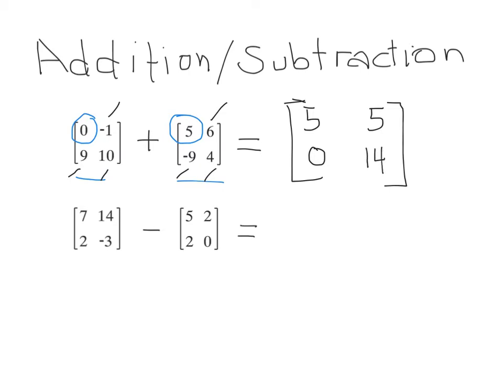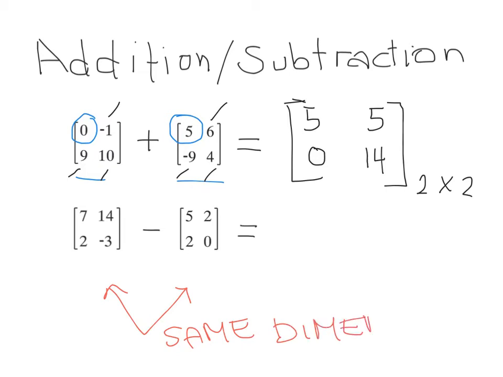Notice that again, the size of the matrix I end up with is the same as the size of the matrices I started with, but this brings an important point into play for matrix addition and subtraction. This operation is only defined if our two matrices have exactly the same dimensions. They have to have exactly the same shape.